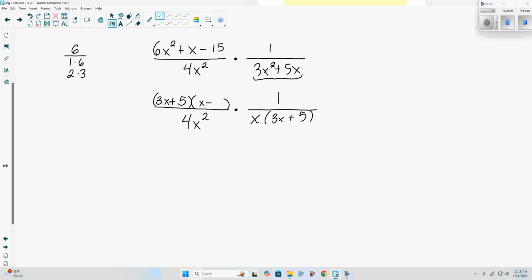Because then we have a 3x plus 5 and a 3x plus 5, and they would simplify. Now, the only way this would work is if the factors of 15 contained a 5. Well, it does, yes? So that means we'll use 3 and 5.